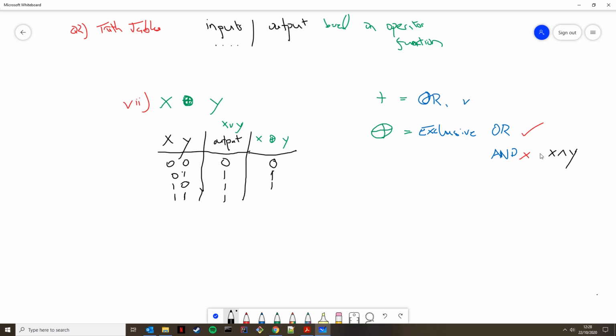As we saw over here, when X and Y are both true, we don't want that, so the output is 0. So only when one of the values is true does exclusive or work for two inputs, and not when they are all true.